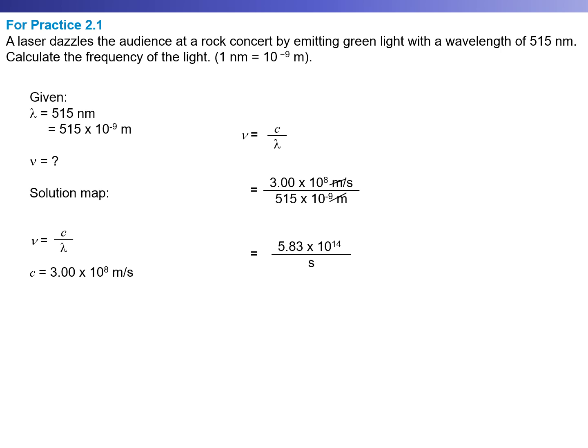We can take that seconds out of the denominator and just put it beside our value as a unit by adding a -1 to that s. So our final answer is going to end up looking like this: 5.83 times 10 to the 14th s to the -1, which basically means cycles per second.